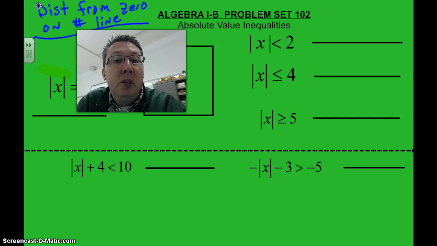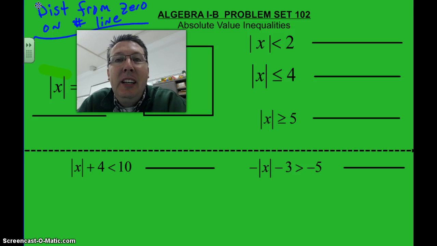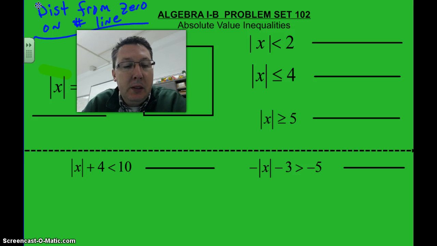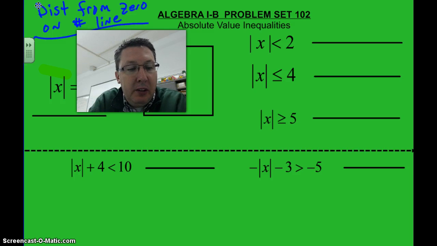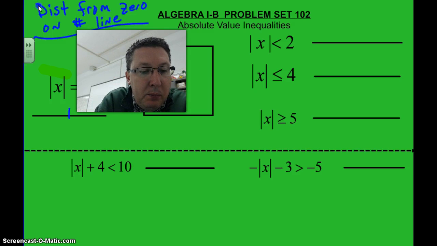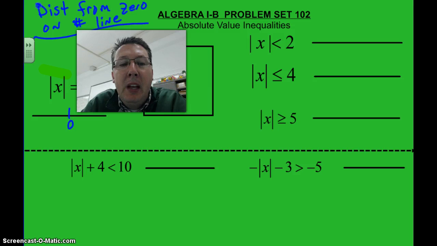Now, if we have the absolute value of x equal to 3, this first example, that means we are exactly 3 units away from 0 on a number line. So I have a little number line here. If I start by putting 0 on that number line, I want to go exactly 3 units away.